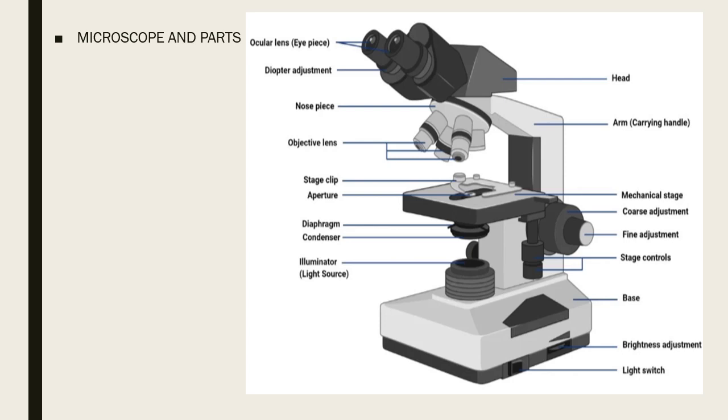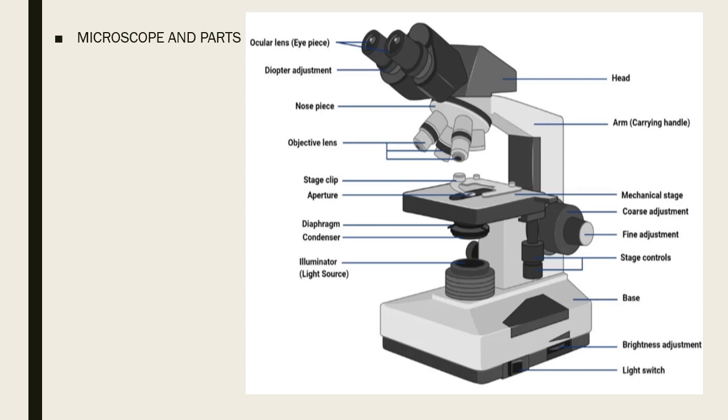As such, you have here an illustration of a conventional compound binocular microscope. With this, you have your eyepiece, or your ocular lens. Of course, that is where you view. You have your diopter adjustment, which is an adjustment to correct a difference in vision.